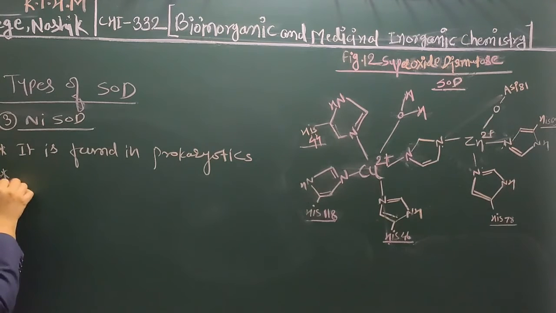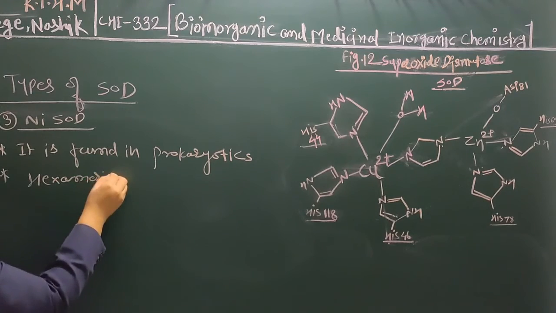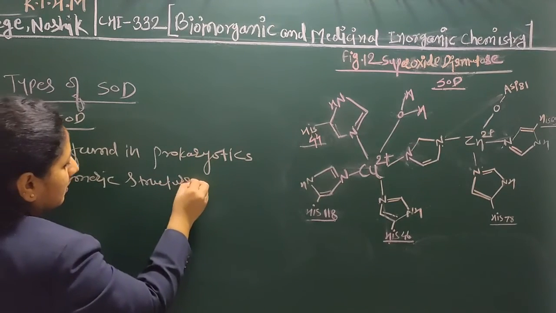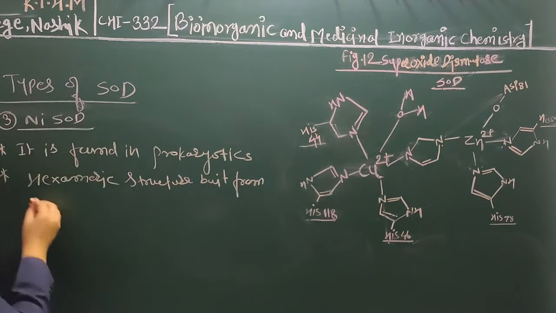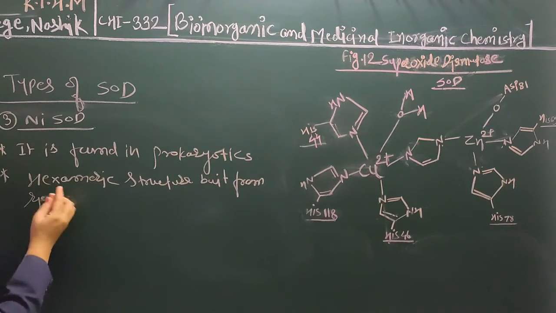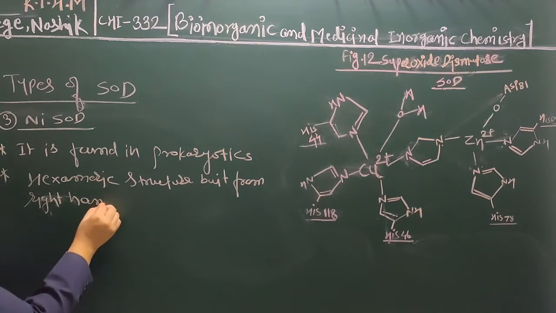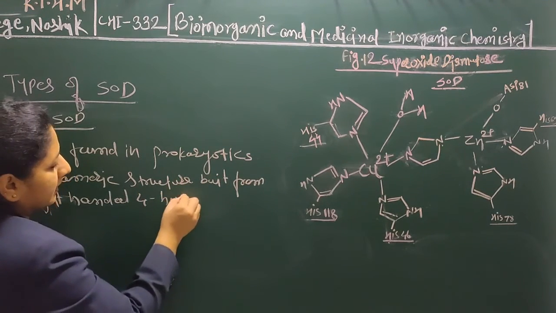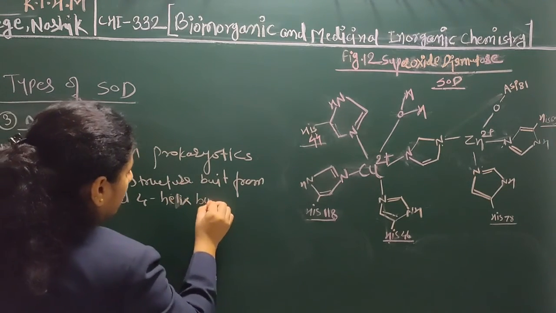Then it has a hexameric structure, built from right-handed four helix bundles.